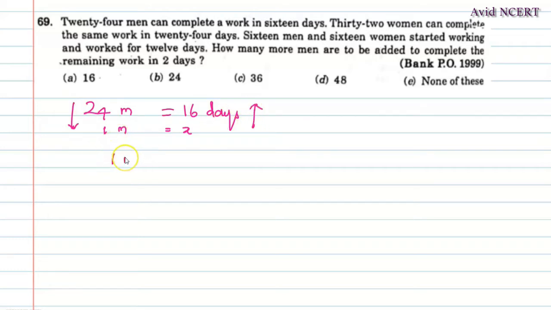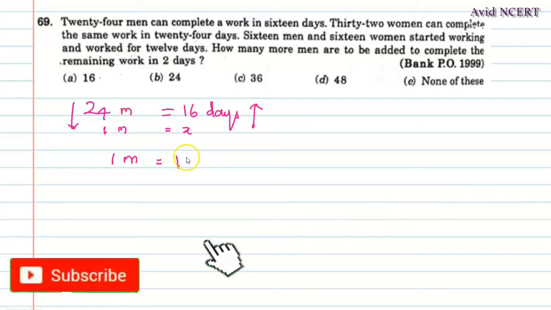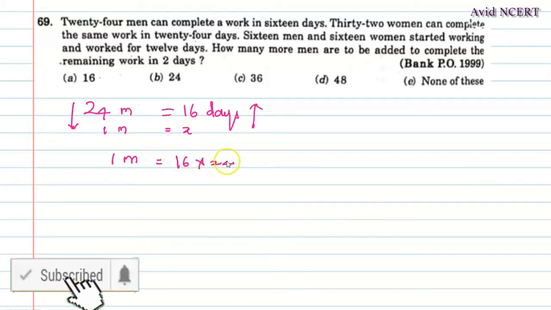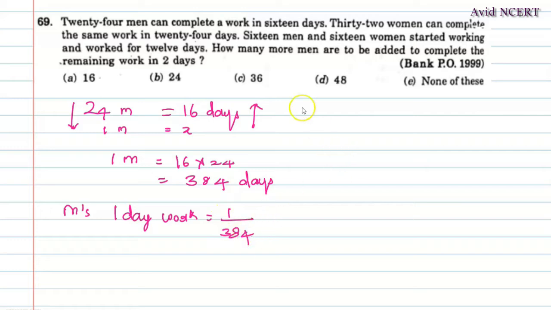Therefore, one man will complete the work in 16 into 24, which is equal to 384 days. Therefore, a man's 1 day work equals the inverse of this, 1 by 384.